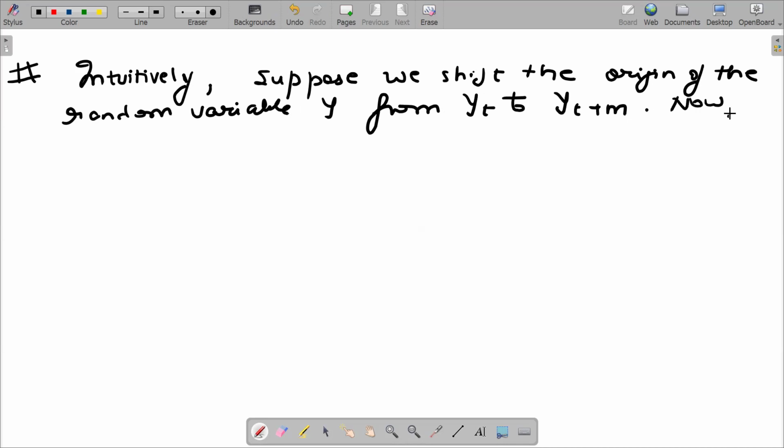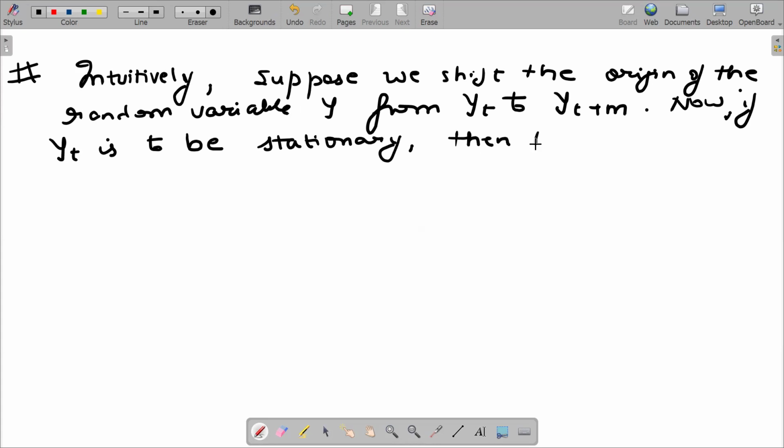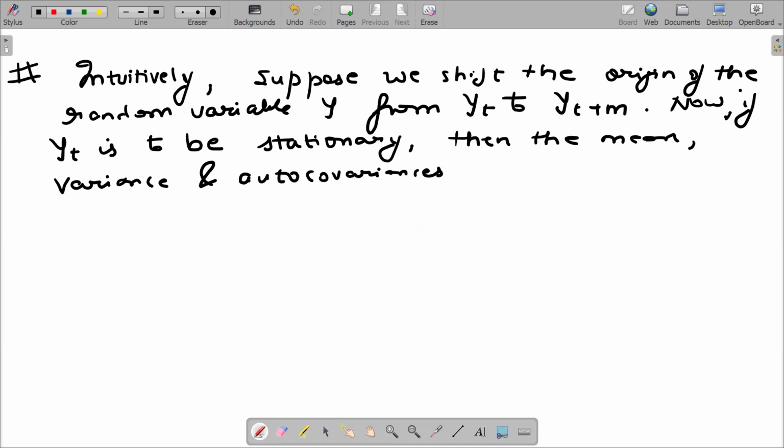Now, if yt is to be stationary, then the mean, variance, and the autocovariances, which are nothing but the covariances, of yt plus m must be the same as that of yt.